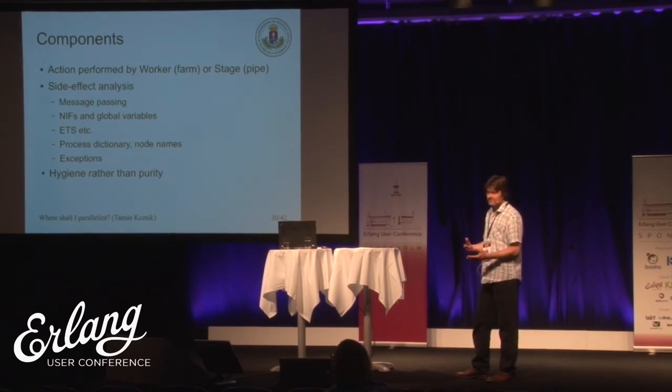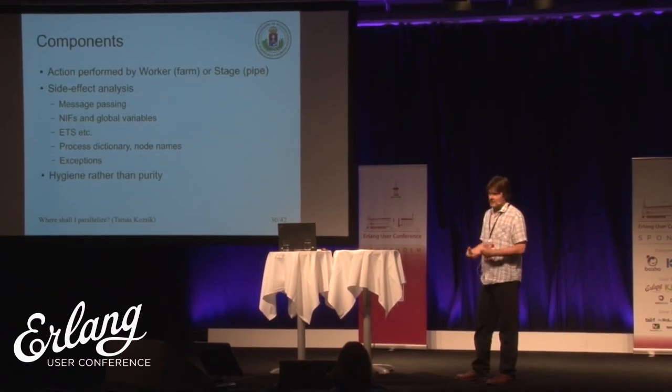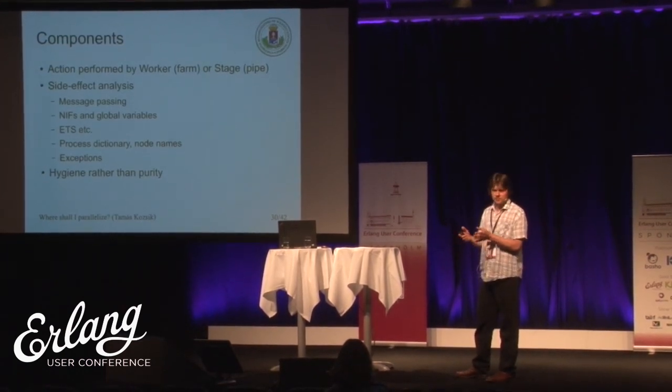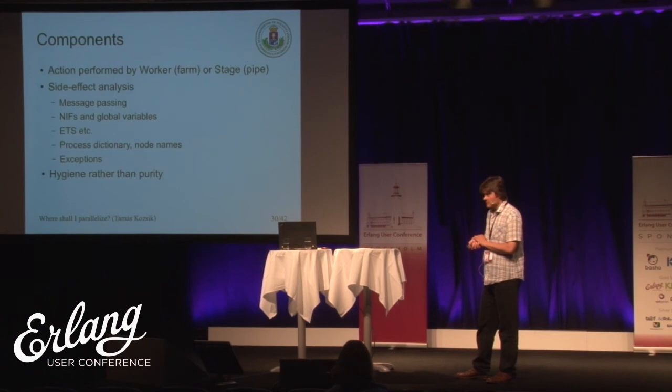They should be quite independent from each other. So there should be some side effect analysis that tells us that, okay, these components are possible to run in parallel. There are many sources of side effects in Erlang, as we know. Message passing, global variables in C code, but even exceptions can cause impurity.